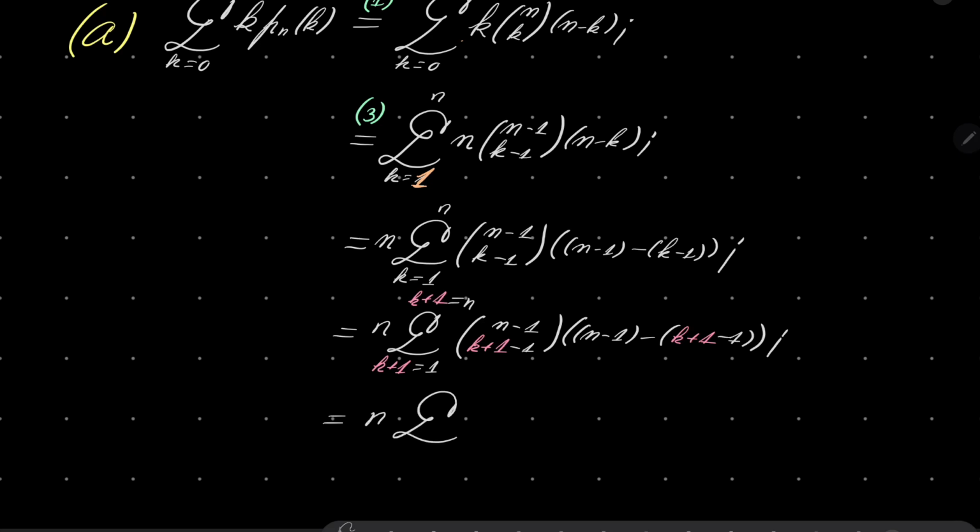And now it's sum going from 0 to n minus 1, n minus 1 choose k, n minus 1 minus k subfactorial.